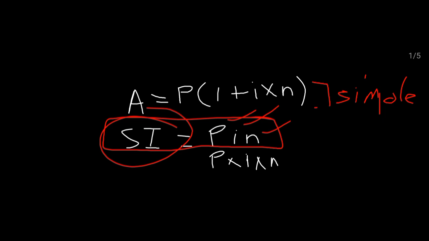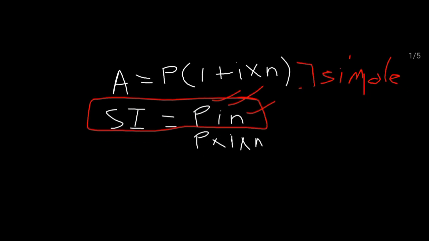And then SI gives us the simple interest amount. It is an interest amount, but it works only if the statement is really simple interest. So if the statement is compound interest, this formula is off limits. We don't use it at all. We use it only if it is simple interest, when we are looking for the interest amount.